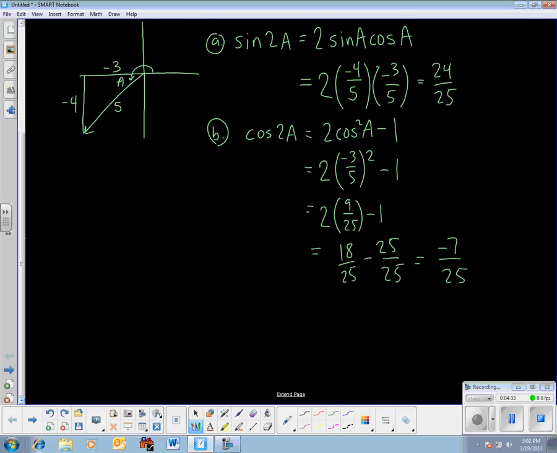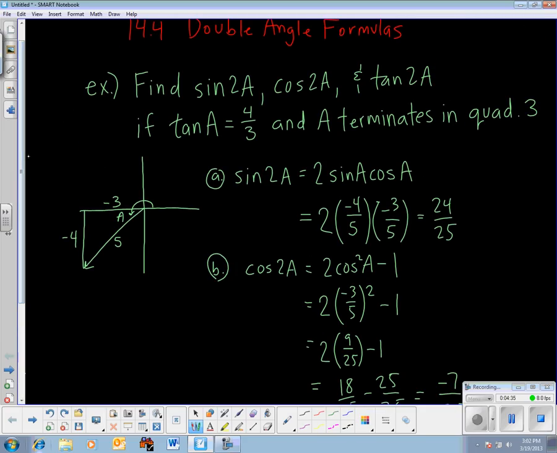Okay, so remember, this is the cosine of doubling my angle. Just so you can keep in mind what we're dealing with here. A is over here. If 2A is doubling A, this angle is somewhere in the 3rd quadrant, between 180 and 270. So 2A is going to be somewhere between 360 and, doubling 270, 540.